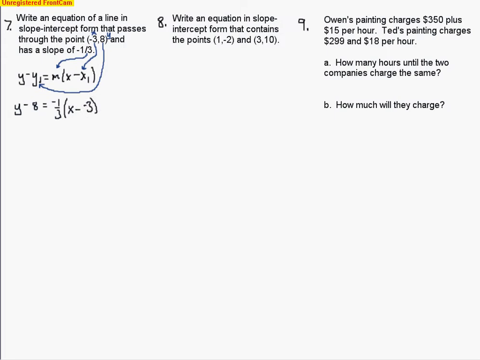So from that point, we can now distribute that negative 1/3. But before I do that, actually, I'm going to go ahead and change this subtraction to adding the opposite. And then I'll distribute that negative 1/3 over the sum. So I've got y minus 8 equaling negative 1/3 x.